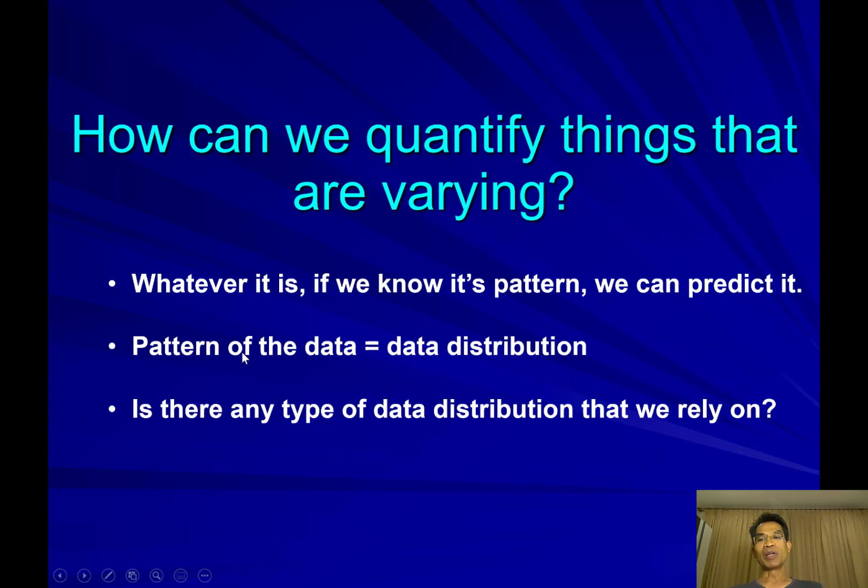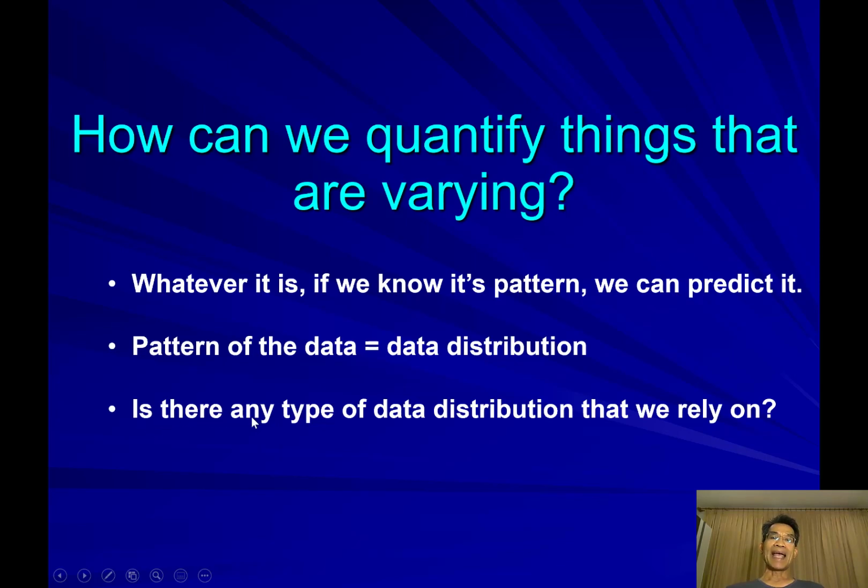That means in the population we don't have that, but we will have it from the sample: the pattern of the data, actually the data distribution. So if we know how the data of the sample is distributed, the same way we will know how to use it in the populations.